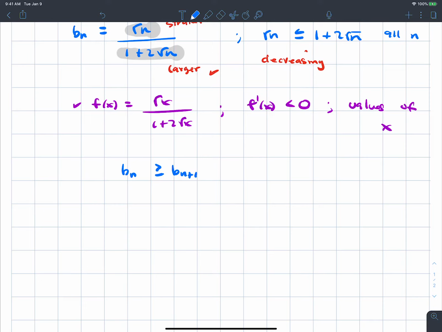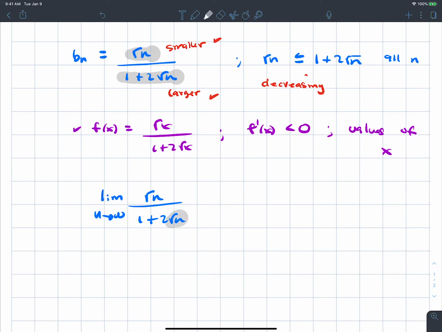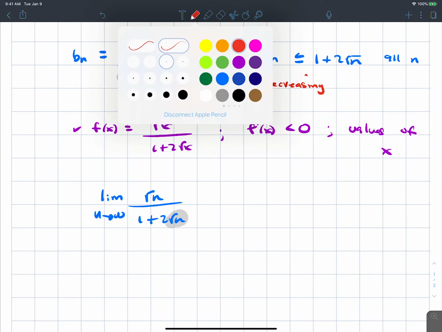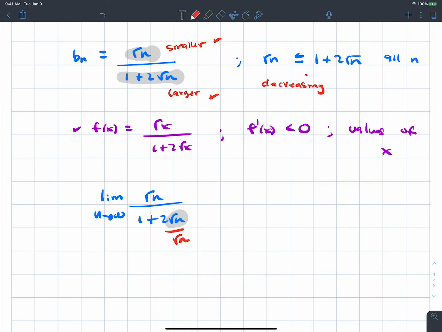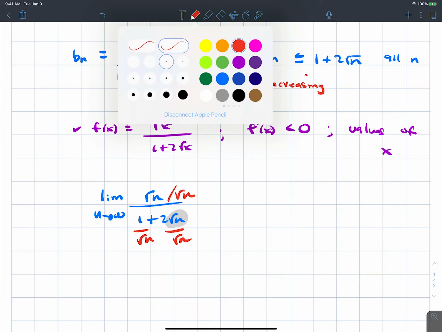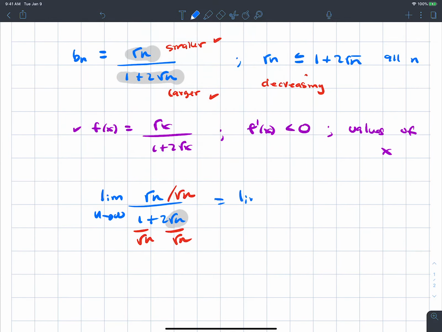So if we look at the limit here, this is a calculus 1 kind of question. And we're going to divide by the variable with the highest power in the denominator, square root of n. So this is going to be the square root of n, square root of n, square root of n. So we get the limit here of 1 over 1 plus 2 over the square root of n.